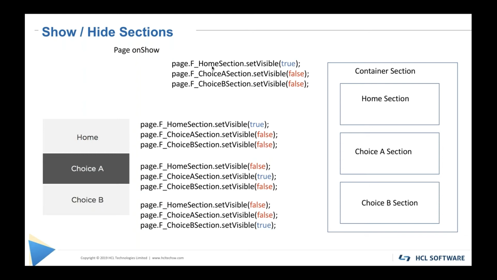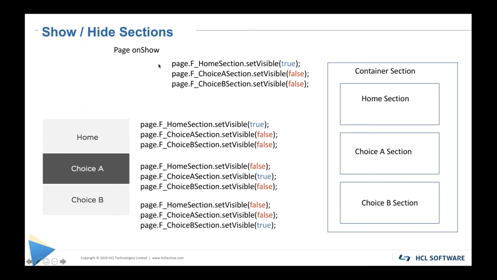That's one section. And then inside these sections, I've got 3 other sections: a home section, choice A, choice B. And when you click, it says which ones to show, which ones to hide. It comes down to which one is true, which ones are false based on the selection. So fairly simple to implement.